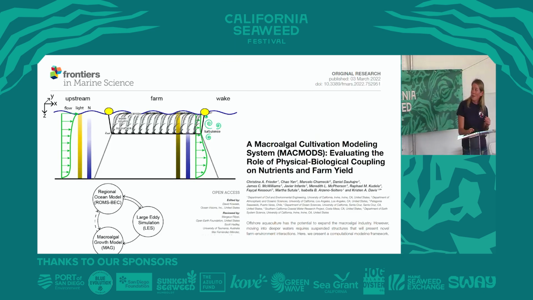So we accomplished that through pairing some models together: a regional oceanographic model that gives us some information about the ocean state, a really fine, high-resolution hydrodynamic model that can actually resolve flows and mixing within the farm, and then a dynamic macroalgae growth model that gives us the growth component of our farm model.